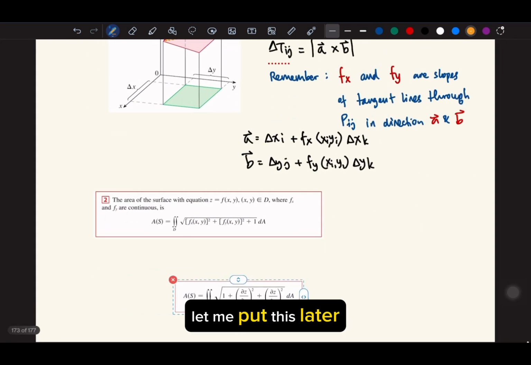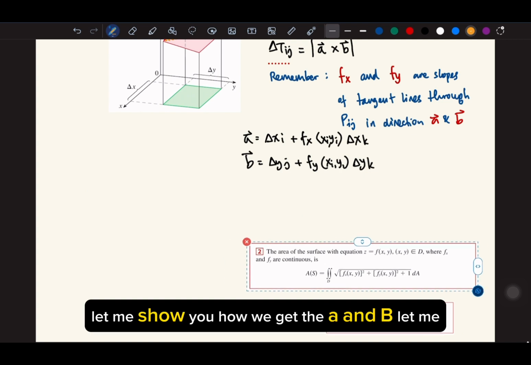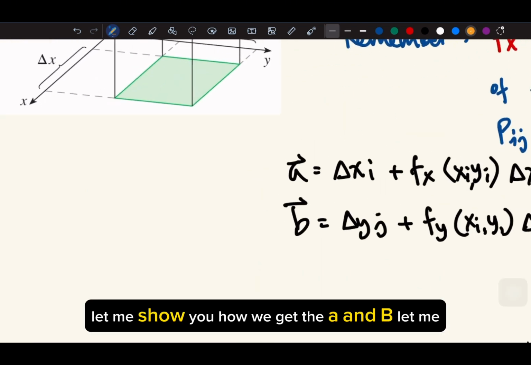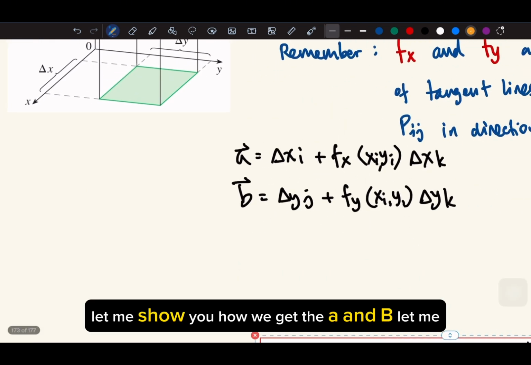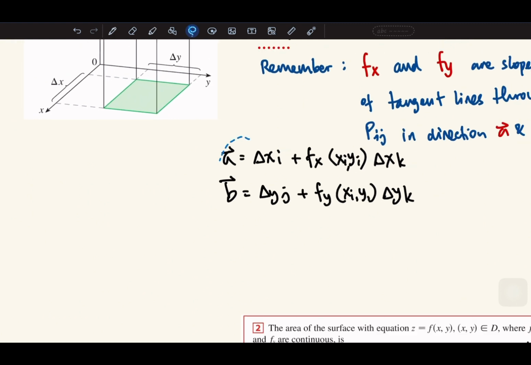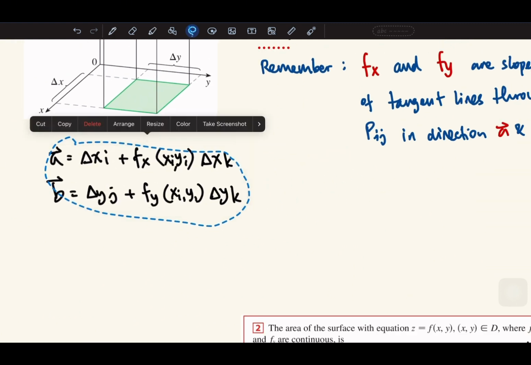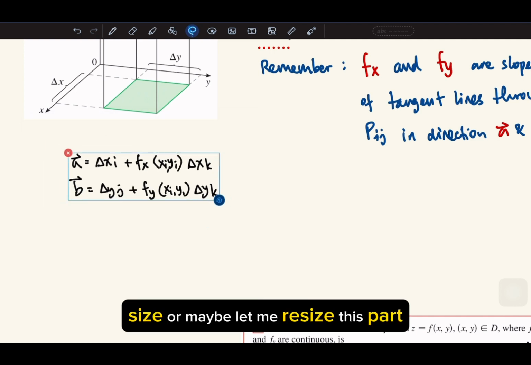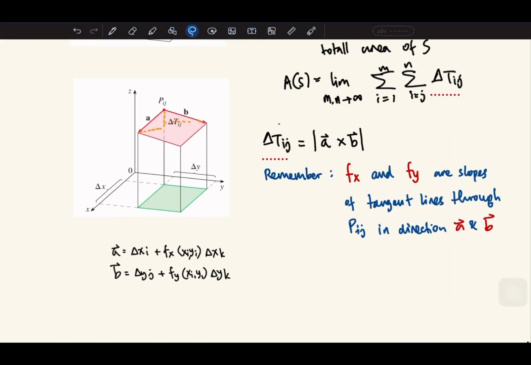Let me put this later. Let me show you how we get the A and B. Let me resize this part.